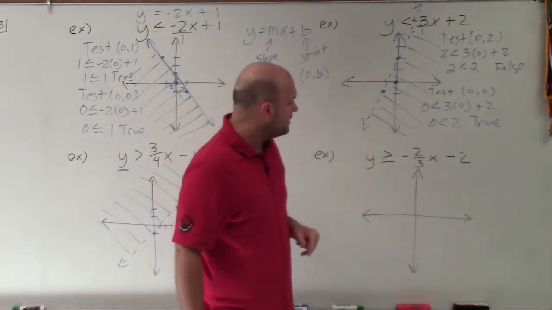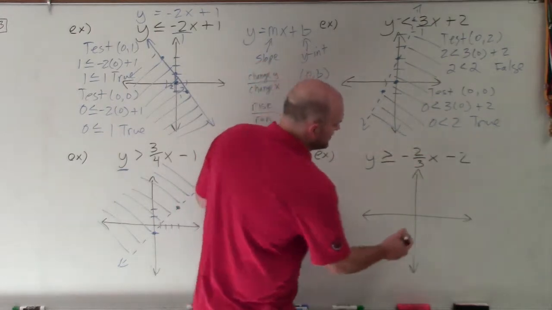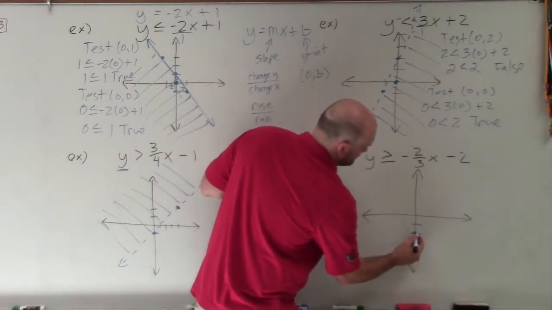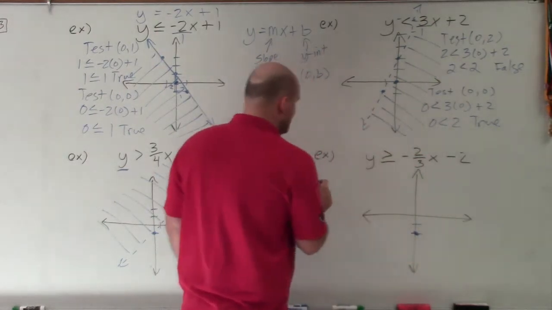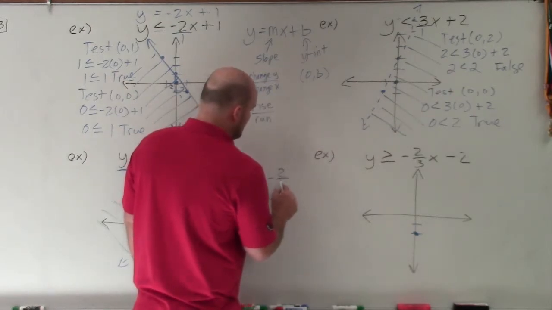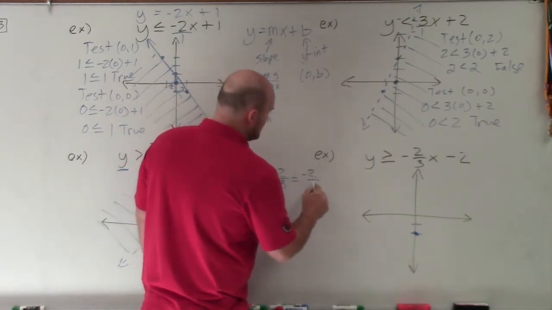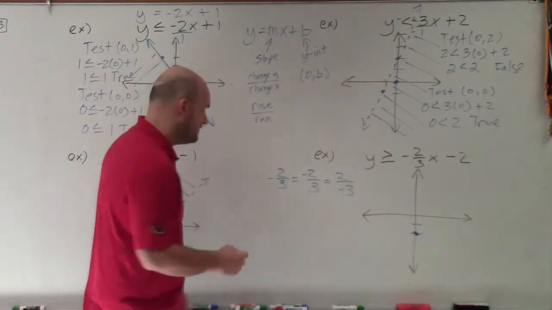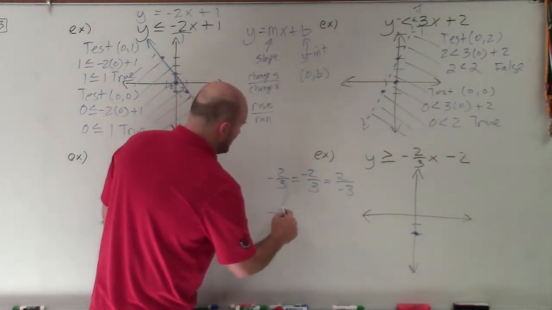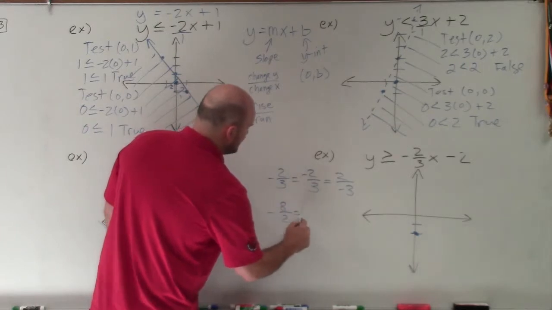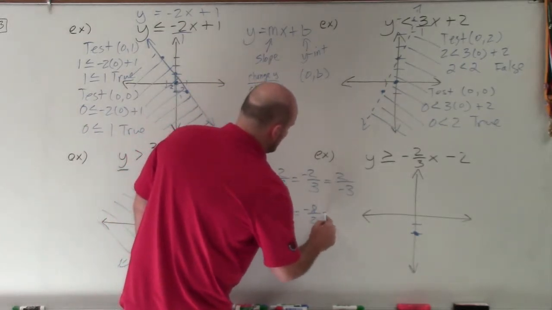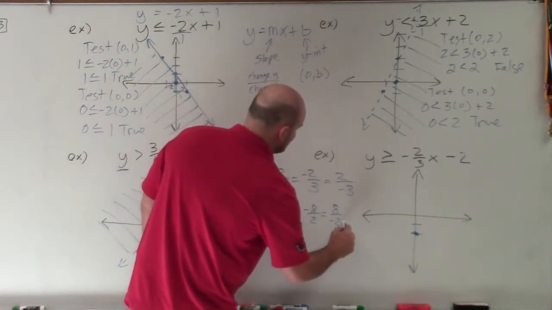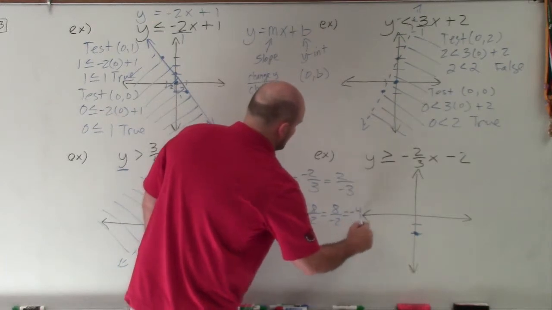So now, let's get into this one. This one goes down to negative 2. OK, now we have a negative slope. Please note that negative 2/3 is equivalent to negative 2 over 3, which is equal to 2 over negative 3. Think about it this way: negative 8 over 2 is equal to 8 over negative 2, which is all equal to negative 4.